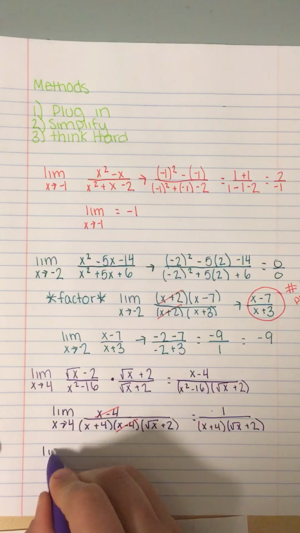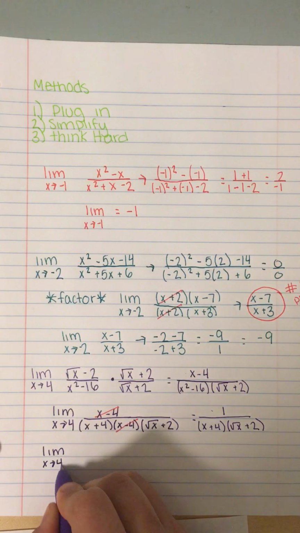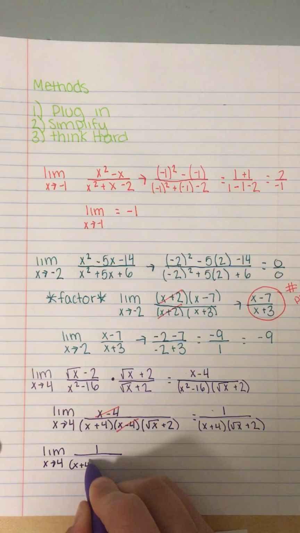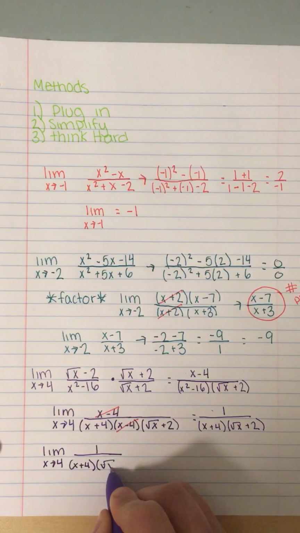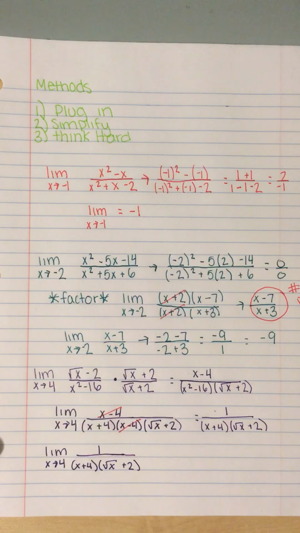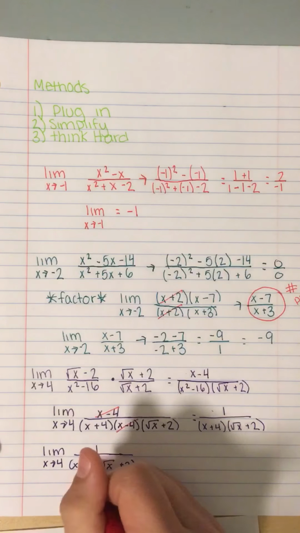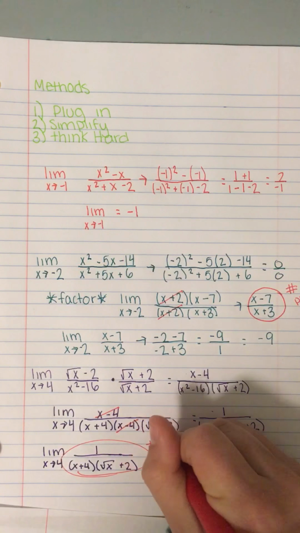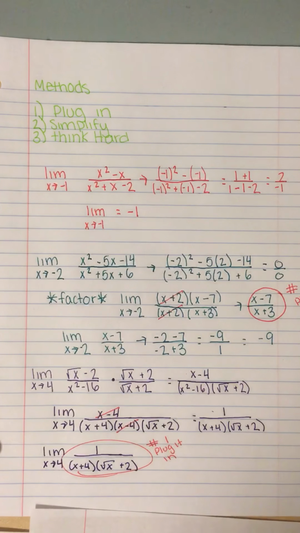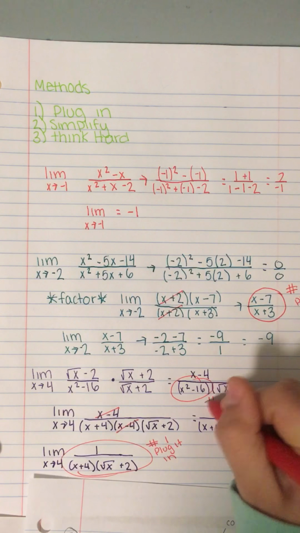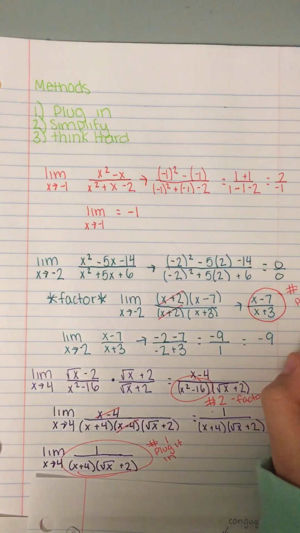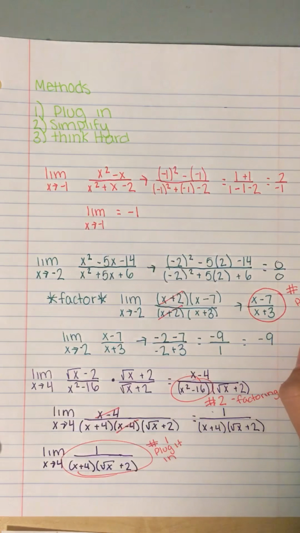So now, the limit as x approaches 4 of 1 over x plus 4 multiplied by the square root of x plus 2. We're going to go back to our first method of just simply plugging it in. I'll just circle this one back here and say we went back to number 2 of factoring or simplifying.